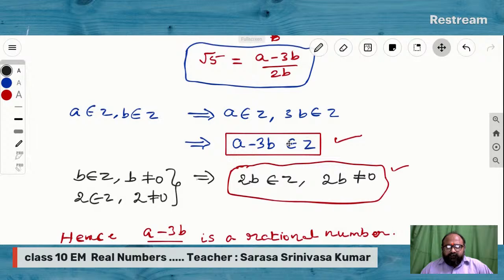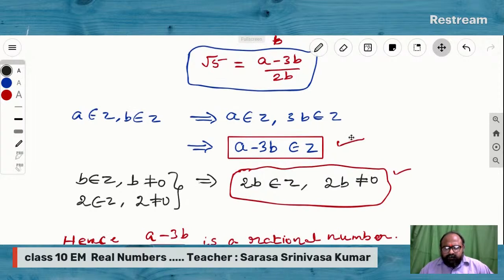If a is an integer and 3b is an integer, then the difference of two integers is again an integer. We know this property. Hence a minus 3b is also an integer. So we proved that the numerator term a minus 3b is an integer.